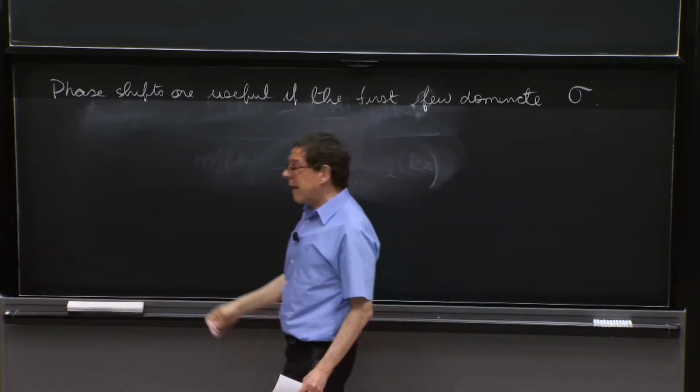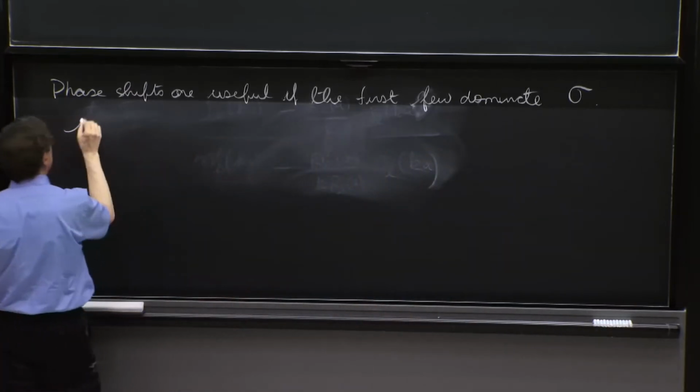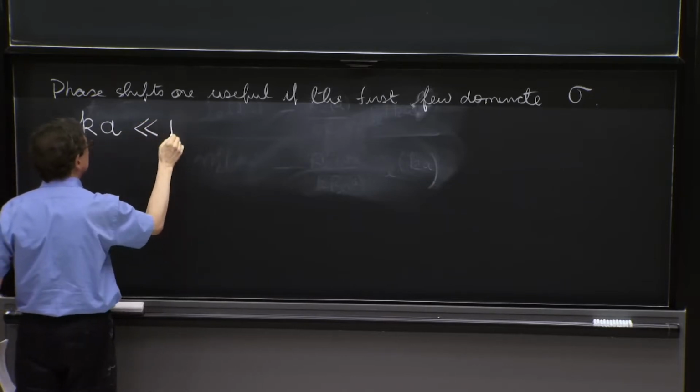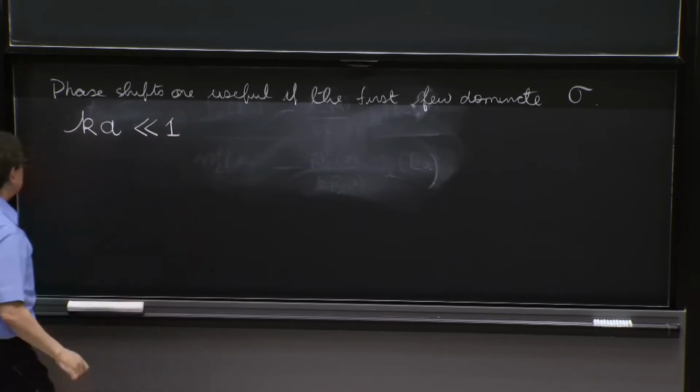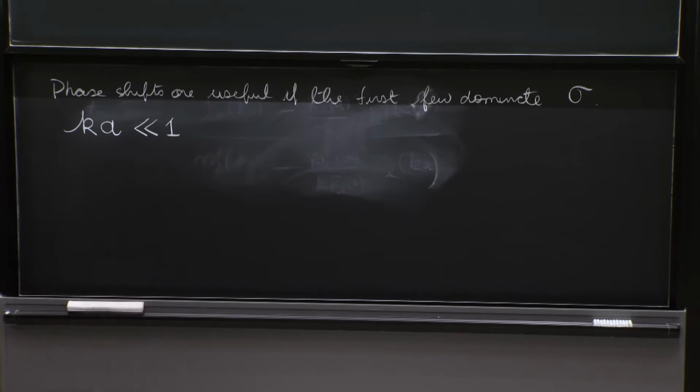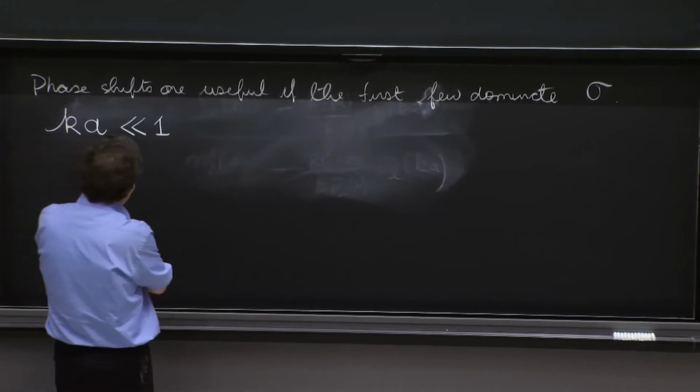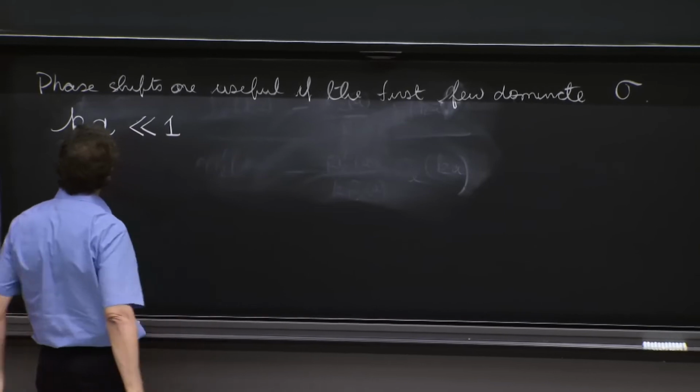And that will tend to happen when Ka is much less than 1. And this will happen in that case. That will be our argumentation. We will try to explain why, when Ka is less than 1, this will happen. So what is Ka less than 1?